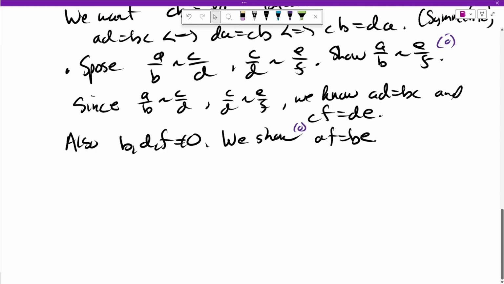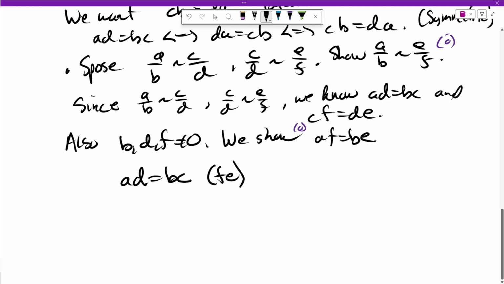Okay, so I think what we can do to show this is, I think I want to take AD is BC, and we're going to multiply through to leverage the F. We need to insert somehow here an F and an E. So I think I want to multiply by an FE, I think.